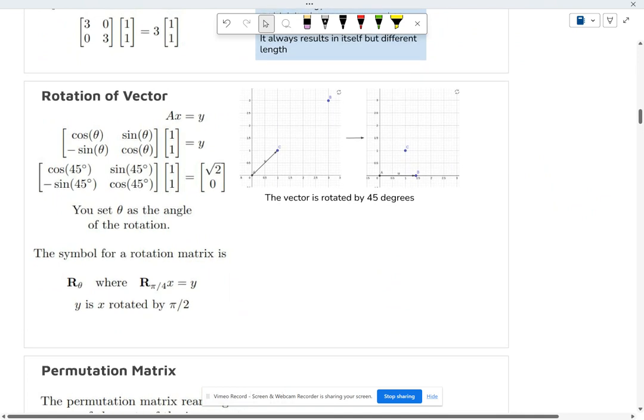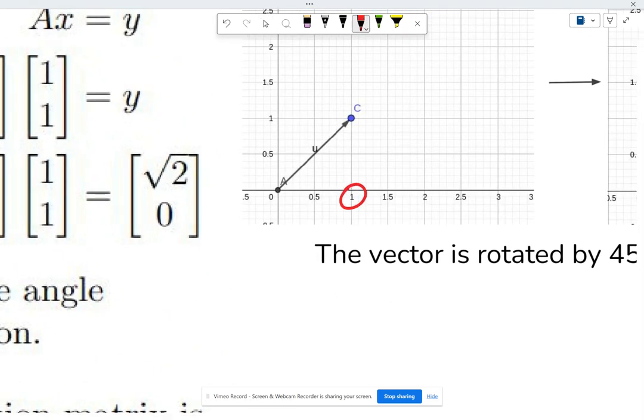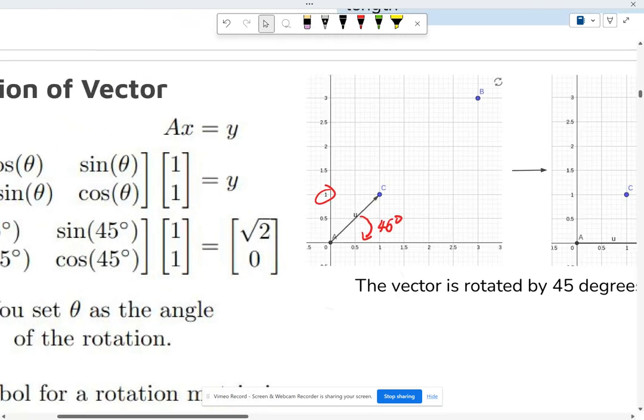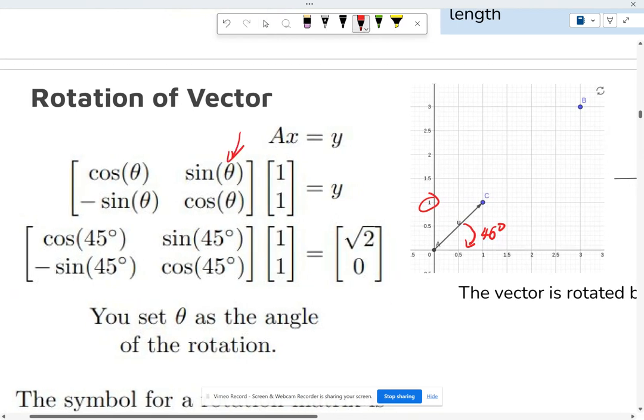Okay, rotation. So rotation is a special matrix where, let's say we have this vector, you can see is 1, 1, 1, 1, right? And we want to rotate it by 45 degrees. So if you remember from your geometry, this would be 90 degrees and half of it will be 45 degrees. So the way you do it is you plug whatever degree you wanna rotate, okay?